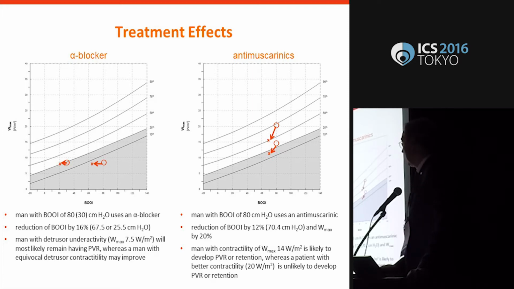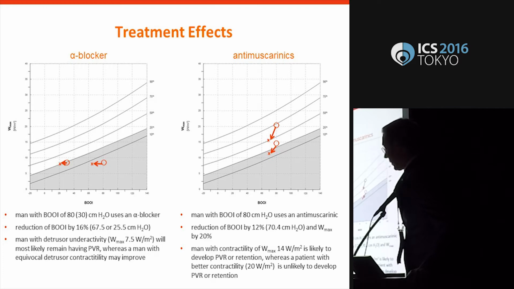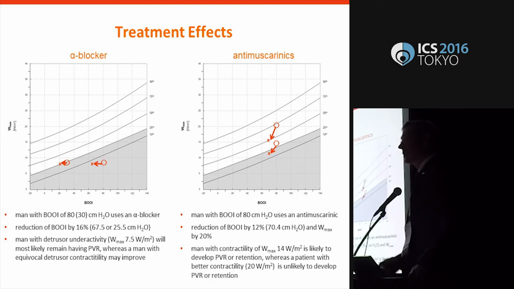This is literature data, so I was plotting it here in the nomogram again. Here we have the patient with obstruction, and he's going down 20%, moving a little bit to the left side, and nothing is going to happen. But this patient who's at the edge of detrusor underactivity, if he receives antimuscarinics, is likely to develop post-void residual urine or maybe even develop retention.